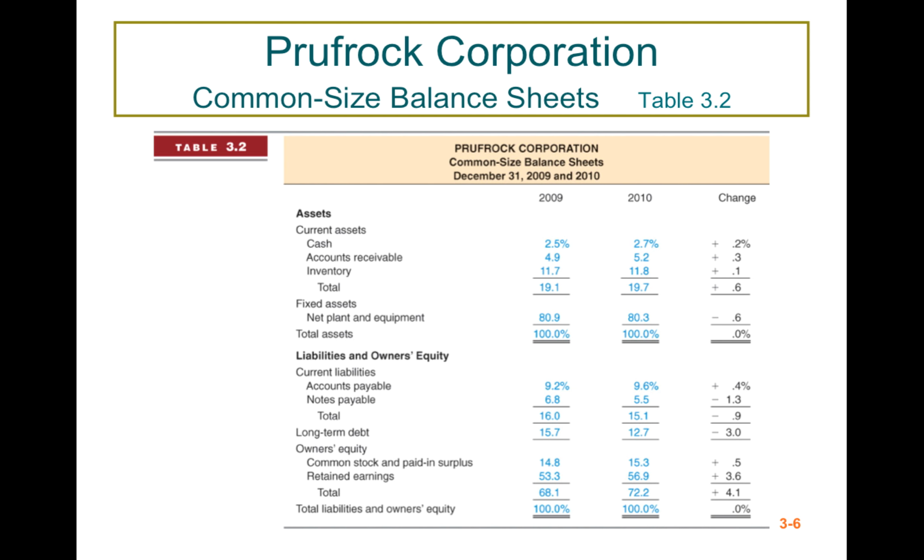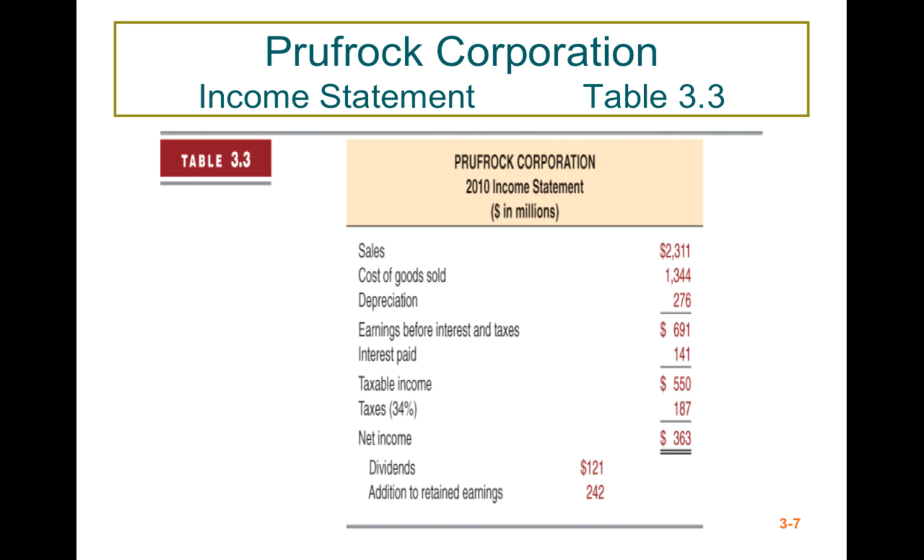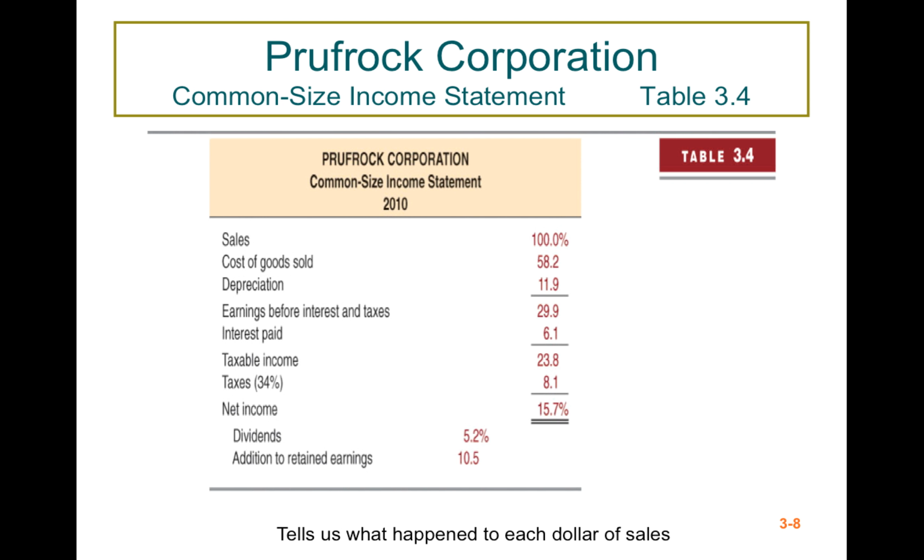So you can get a real good analysis gauge by looking at common size balance sheets and financial statements in general. Speaking of that, we're going to move on to the income statement. Here's a typical income statement in terms of numerical values. And then if we put it in terms of percentage of sales, you may be able to gain a little bit more information.